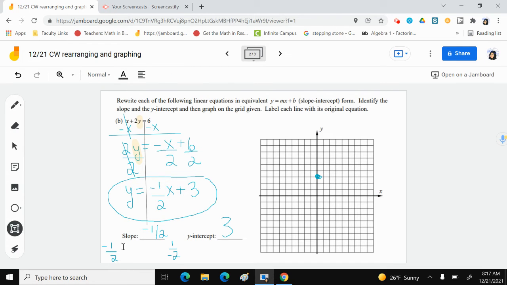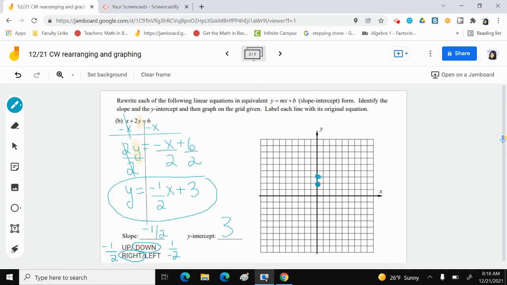So if I use this first slope, remember the numerator tells me to go up or down, the denominator tells me to go right or left. Since it is a positive on the bottom and a negative on the top, for the negative up top, I'm going to go down.